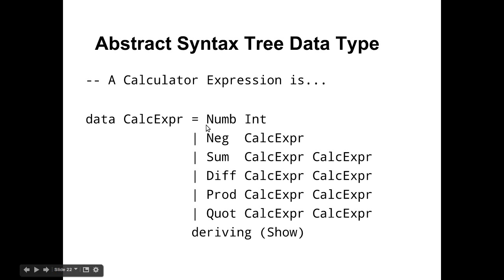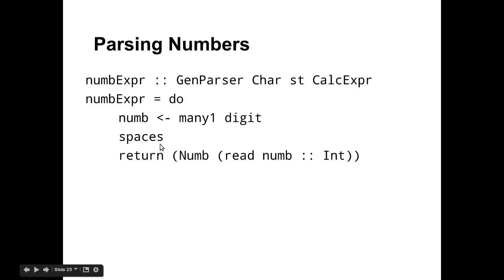So this is building a leaf node in that abstract syntax tree. And then it returns it, which means that when we run the parser, this Num and then the numeric value of the number it's parsing will be the value that the parser will spit out.